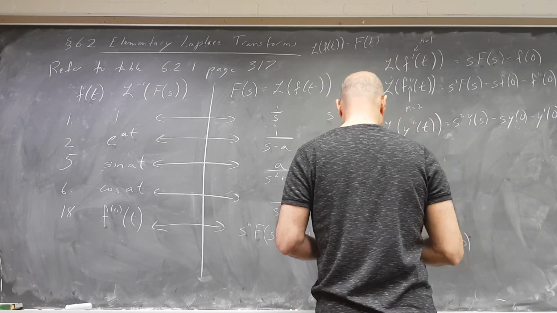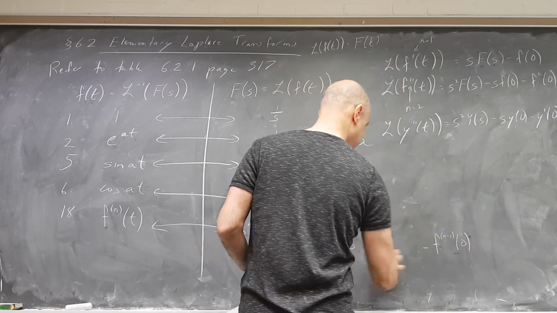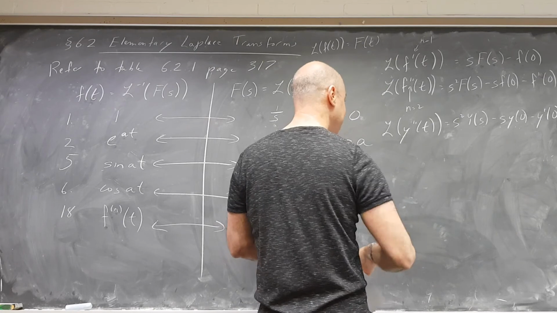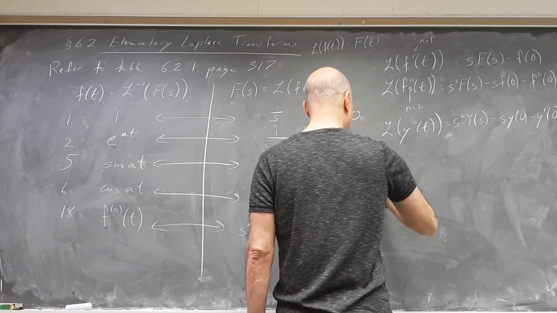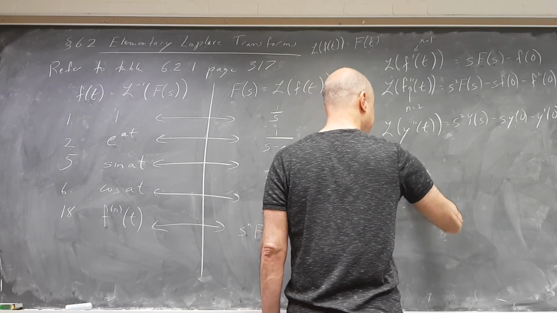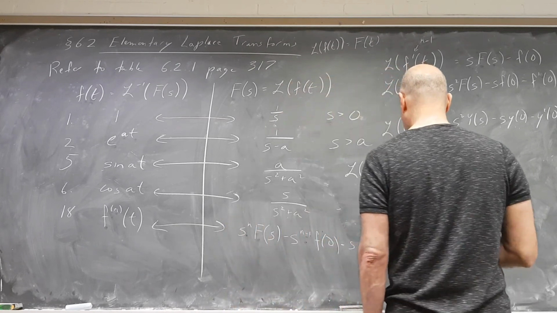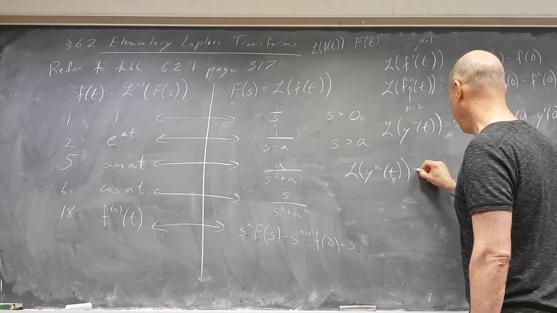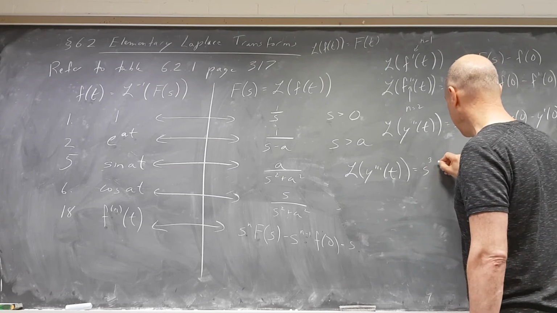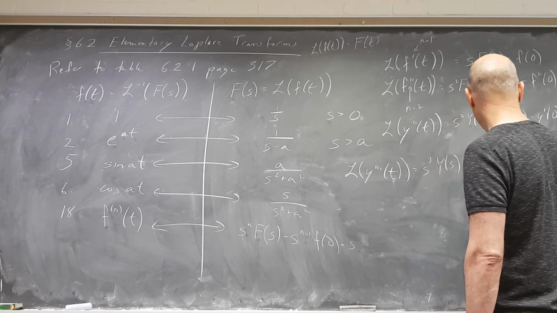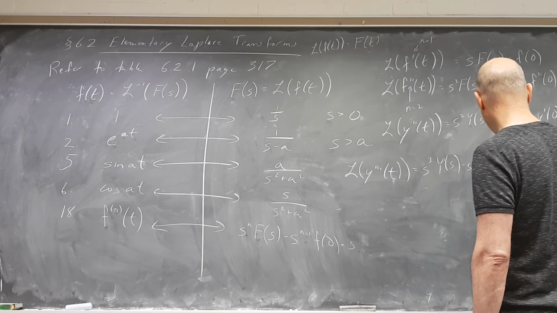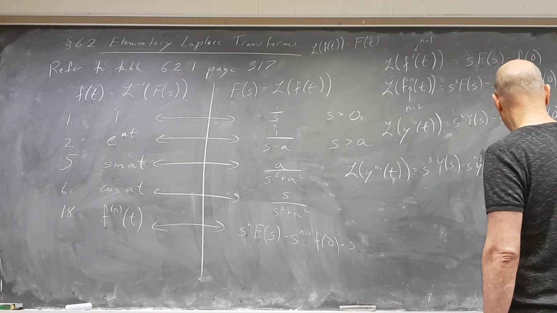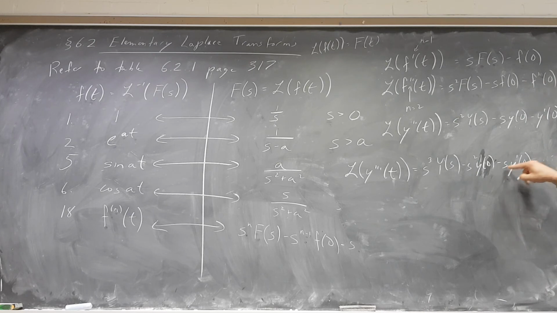I'm running out of space here, so I'm going to erase some of this stuff. If I have, let's say, y triple prime, according to the rule, which I have erased, but it's clearly in your notes, what I have here is s cubed Y of s minus s squared y of 0 minus s y prime of 0 minus s to the 0, which is 1, y double prime of 0.